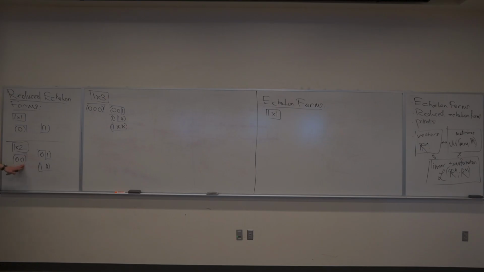There's nothing to do in this case. Or depending on the other entries, it could be like so or like so. When I put this star notation, and this is what they use in the textbook as well, this star means it's some number that I don't know about, that I cannot do anything with. It could be 0, it could be non-zero. These are as far as you can go when it comes to a 1 by 2 matrix.